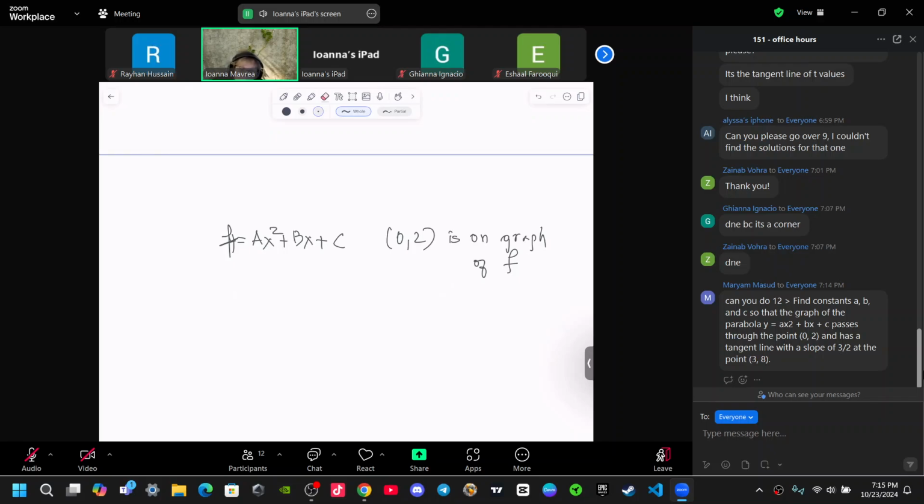And the slope of the tangent at x at 3,8 is 3/2.